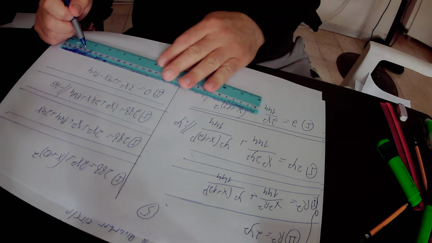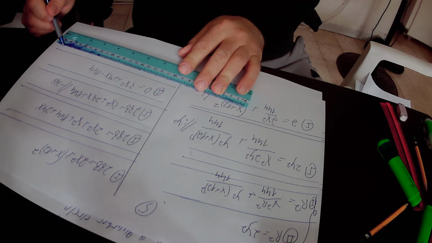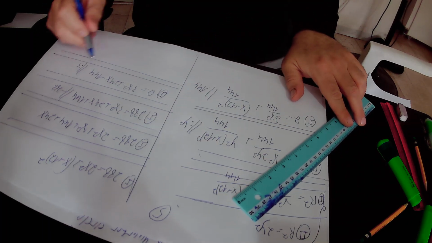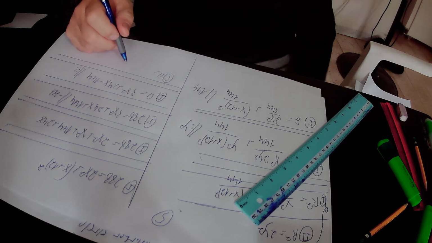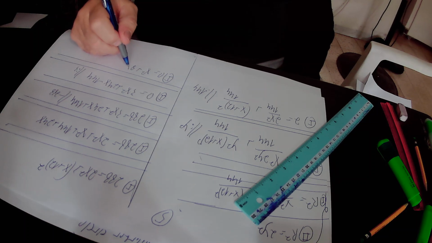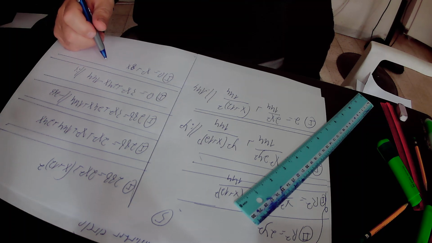So here we divide equation 1 by 3, and we get that 0 over 3 is 0, and it equals 3x squared over 3 is x squared, plus 24x over 3 is 8x, minus 144 over 3 is minus 48.